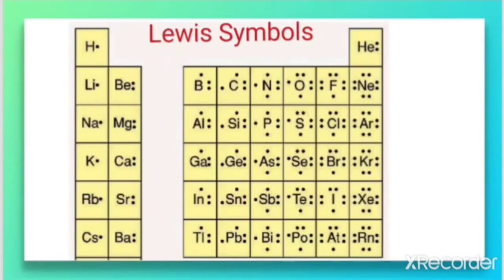So what we can conclude from this is that the valence electrons of elements can be easily found with the help of the periodic table.